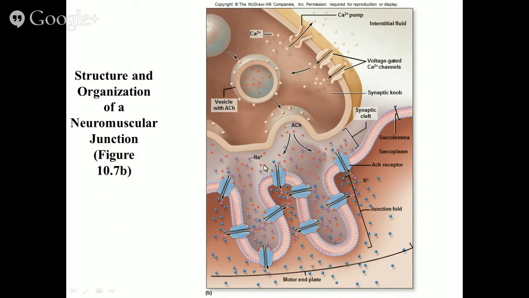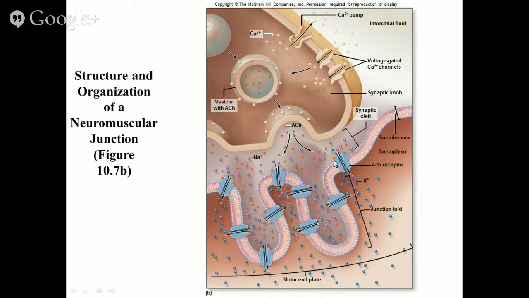And so we call this the motor end plate because it's a plate on the surface of this muscle cell where the signal from the motor neuron ends and acetylcholine release begins.